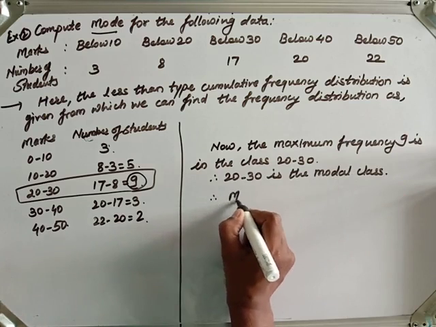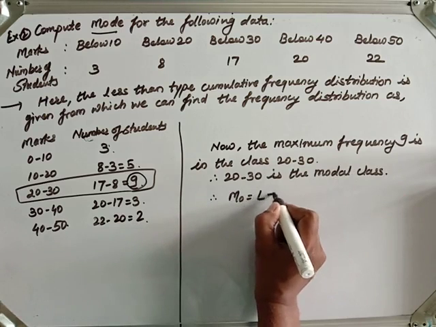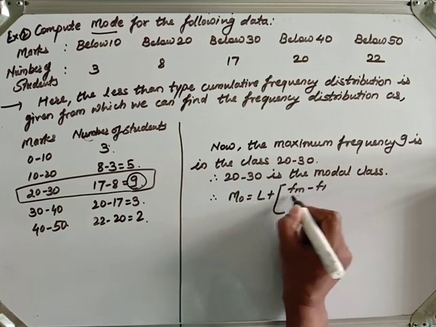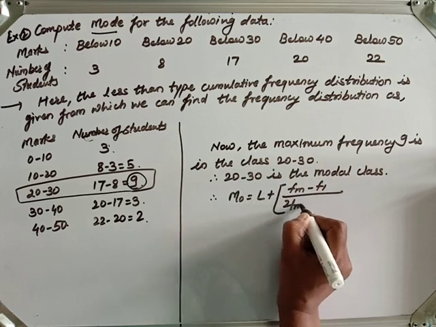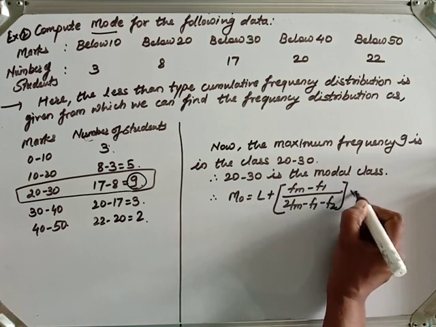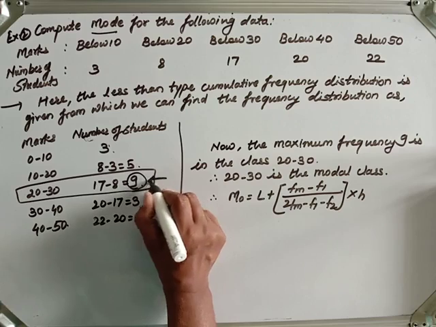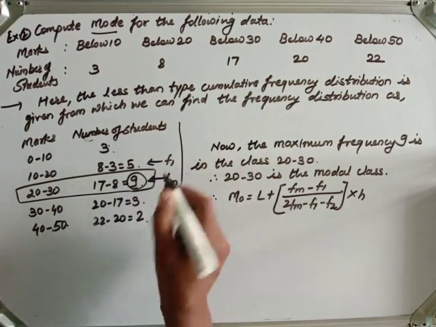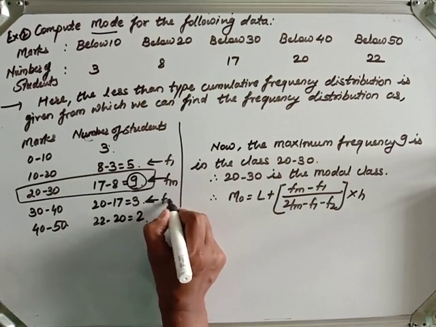Therefore mode will be L plus (Fm minus F1) upon (2Fm minus F1 minus F2) multiplied by H. Now clearly this is Fm here, the previous frequency is F1 and this is F2.